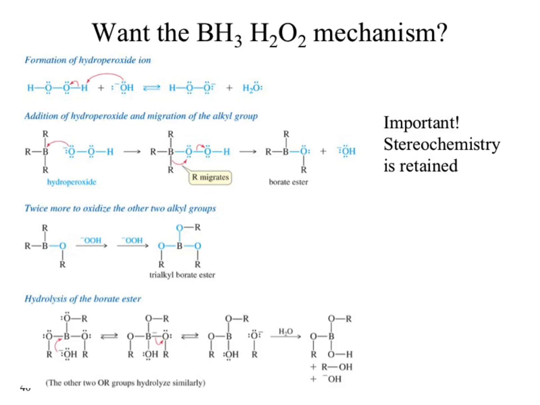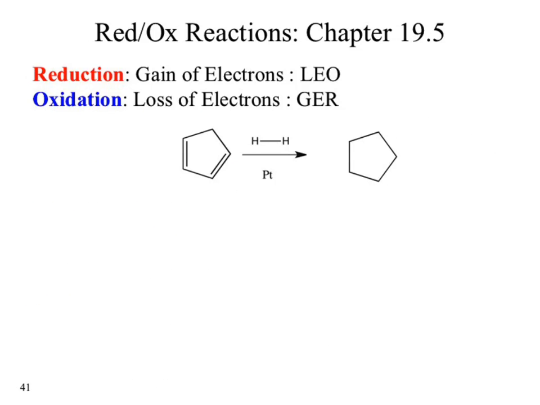I don't see the value added in going into detail behind it. The biggest important part is that stereochemistry is retained. All of these things happen on the same side of that reaction, so we maintain stereochemistry through the course of that reaction.